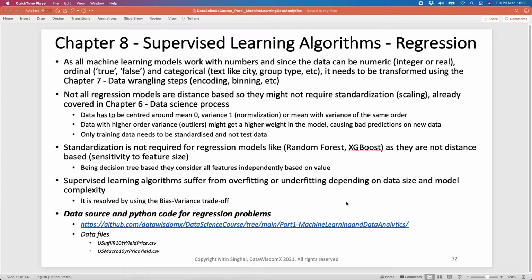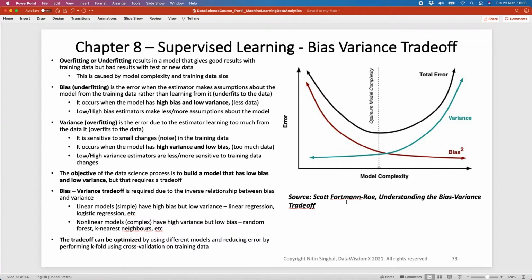Okay, so now let's look at the bias variance trade-off issue. We mentioned that there's this problem of overfitting and underfitting of the model to the data. What that results in is that the model gives you good results with the training data, so you'll get high accuracy in terms of your error metrics.